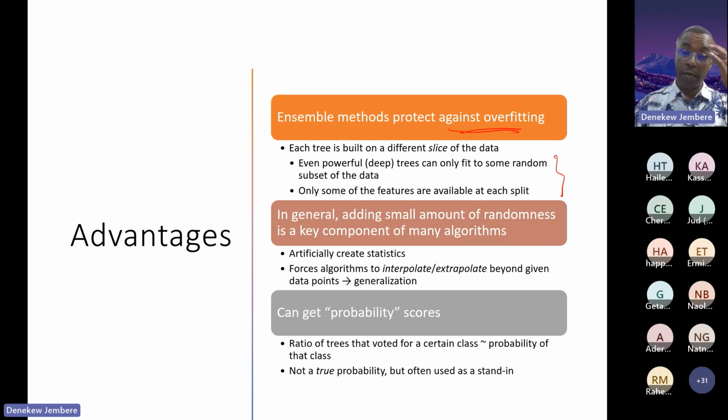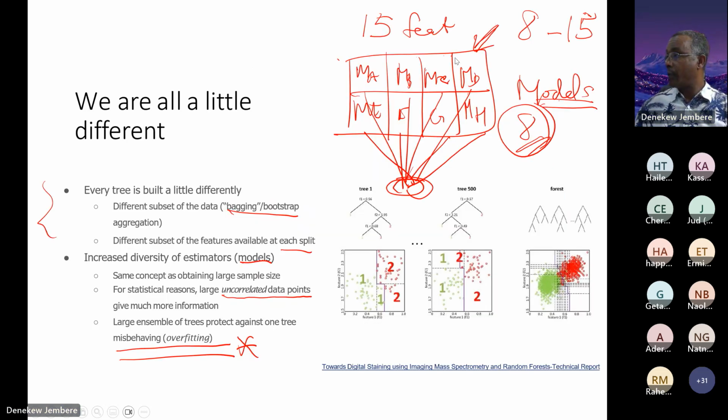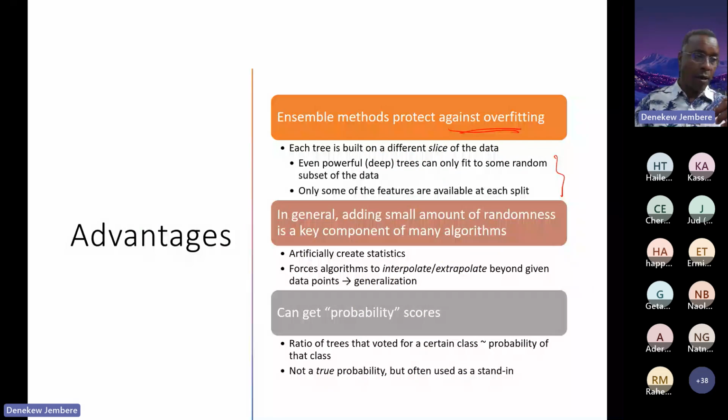So you can have multiple models trained on smaller subsets of the data, and that gives you enough opportunity to deal with the potential overfitting scenario that could happen because of your data points.